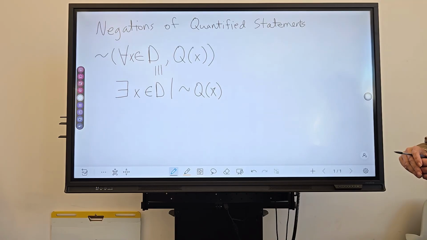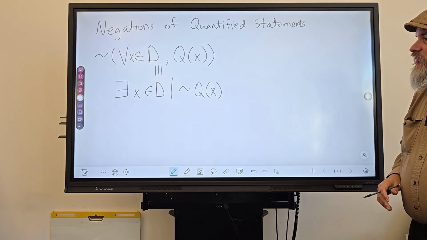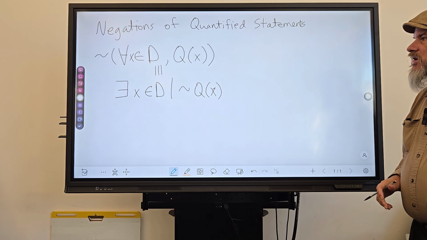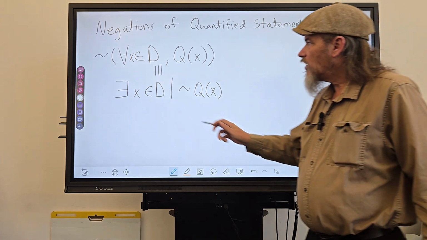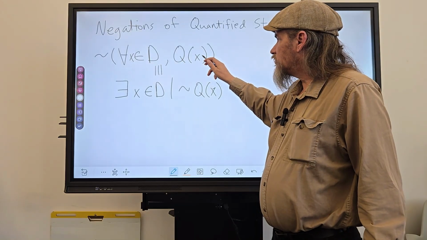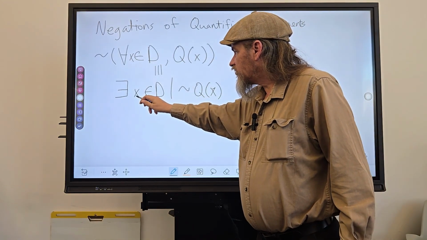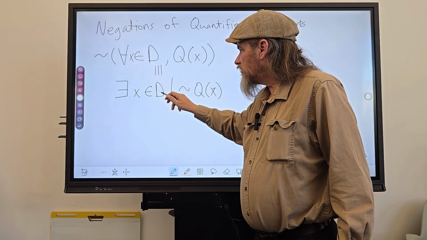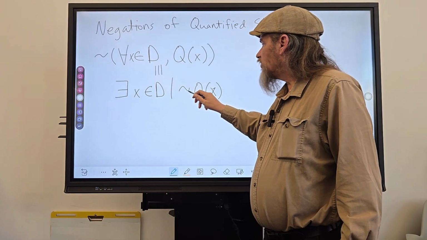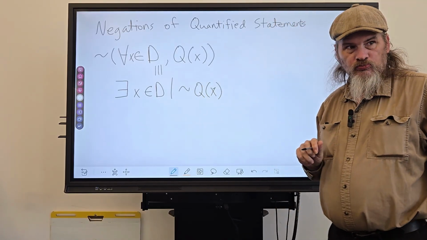So the negation of a universal quantified statement is an existential statement. Instead of "for all x in D, Q of x is true," there exists some element of D such that Q of x is not true.